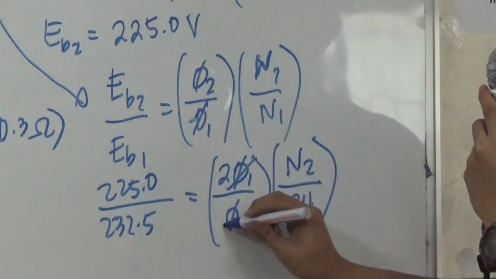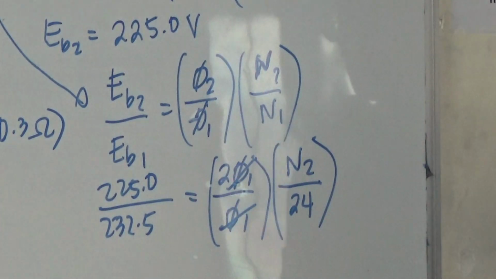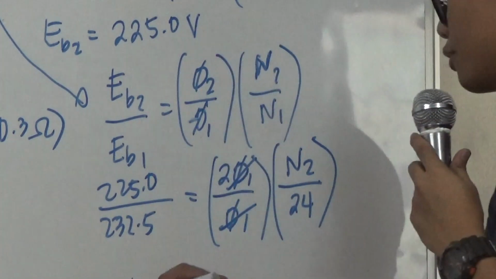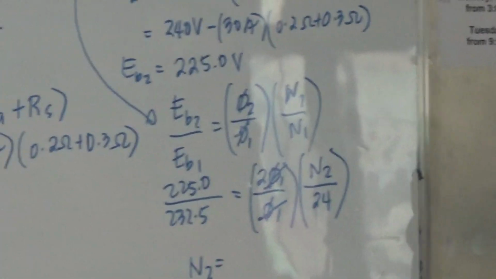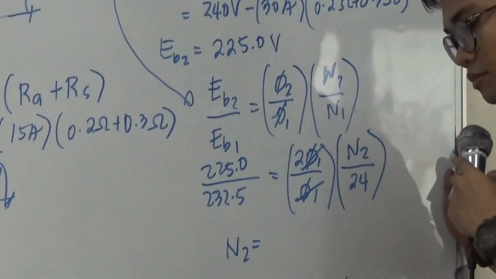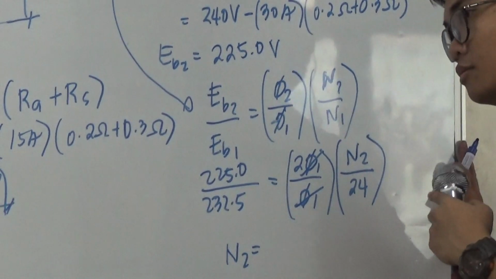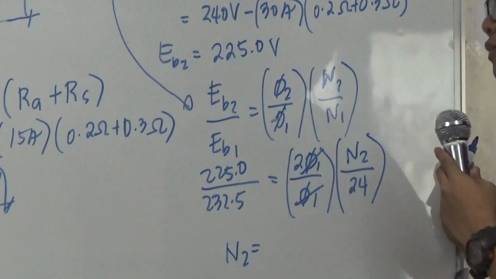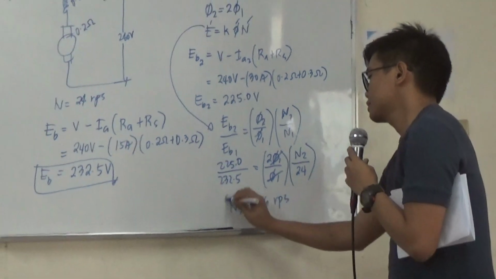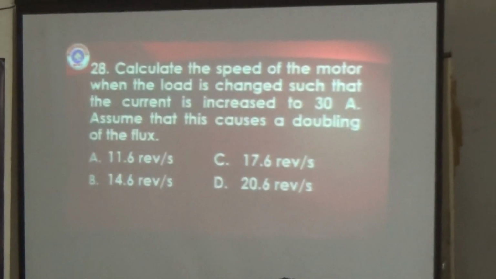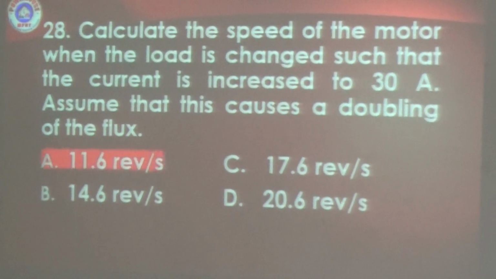So cancel natin yung flux 1. So what will be your N2? Shift solve na lang. 11.6 RPS. Letter A.